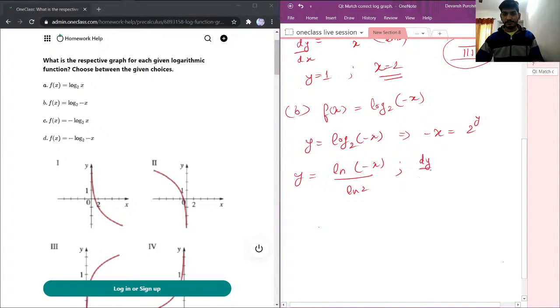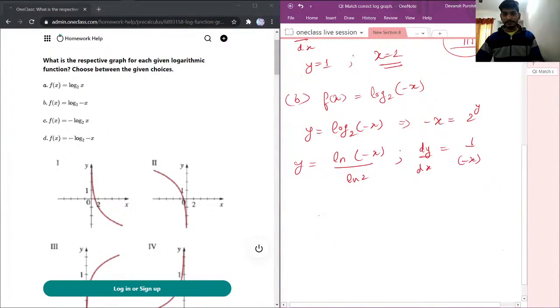I'll just take the derivative here, and this will become 1 over negative of x, then 1 over negative of x, then we will have the derivative of this term also. This will be minus 1 over ln 2.